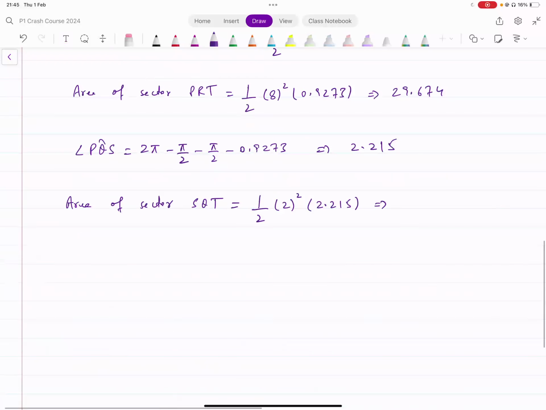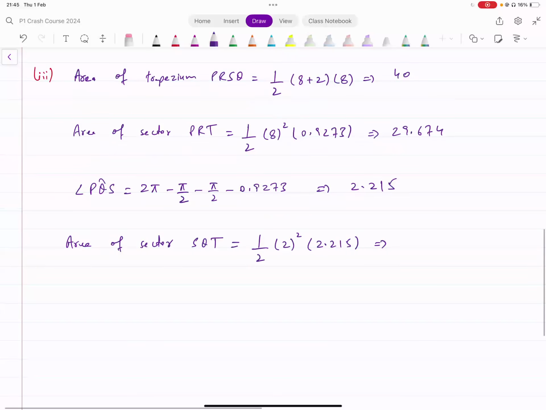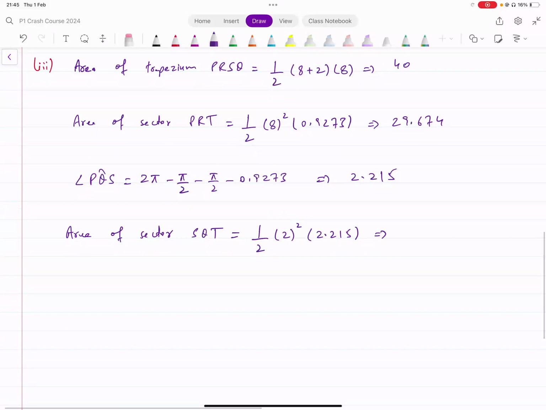What's this area? 4.43. We want more accuracy. Remember, minimum 4 significant figures when you're working. That's the entire answer. Okay, 4.43.